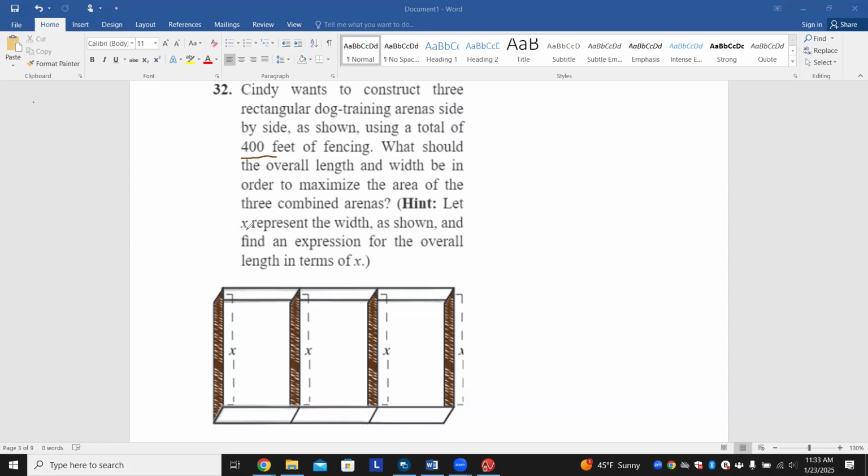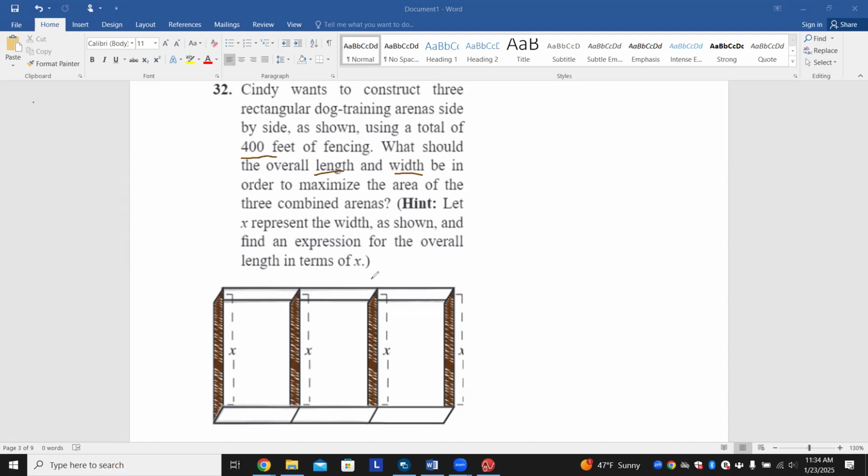Hint, let X represent the width as shown and find an expression for the overall length. So basically we have 400 feet, and it's wanting us to find the overall length and width in order to maximize the area of the 3 combined arenas.